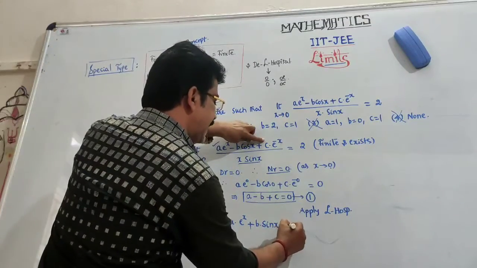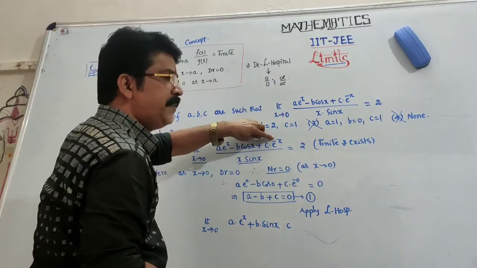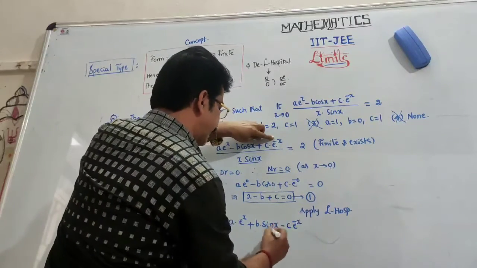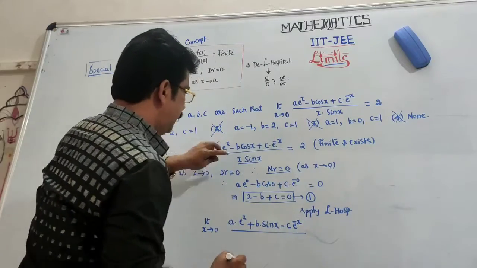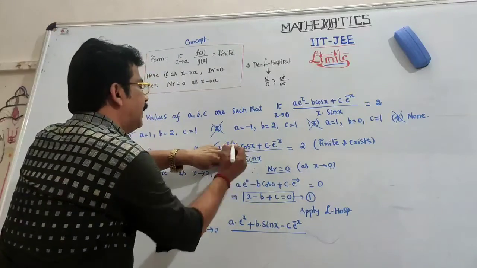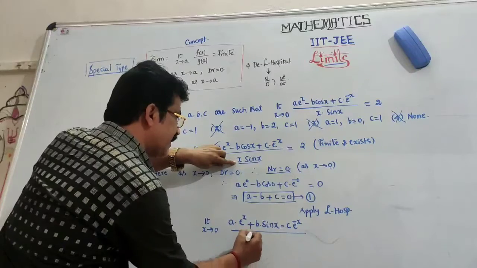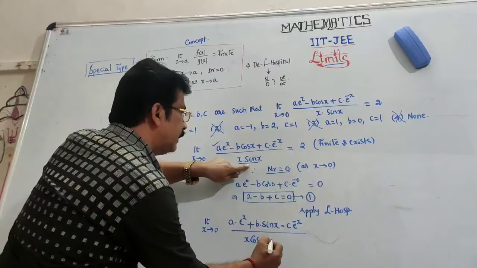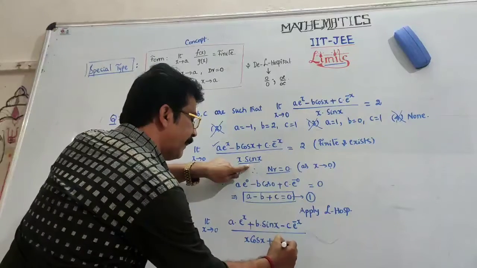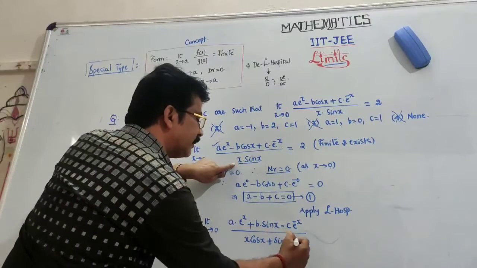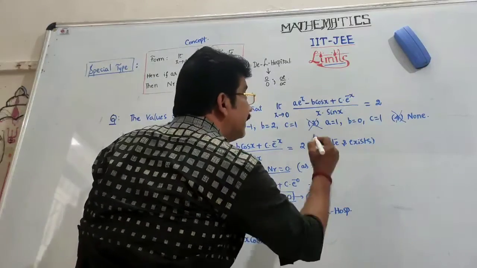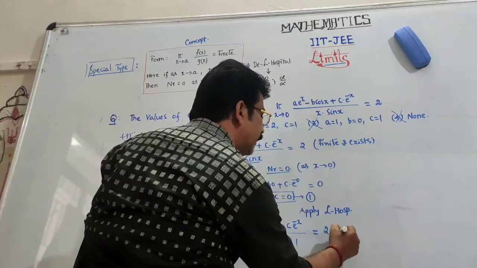Next, c into derivative of e power minus x, minus e power minus x, whole divided by, using the u into v formula, x into derivative of sin x, cos x, plus keep the same sin x, derivative of x is 1. Okay, its value is given as a finite value.